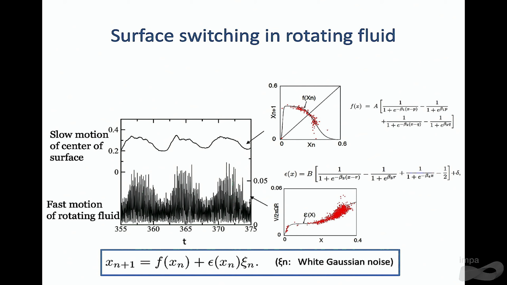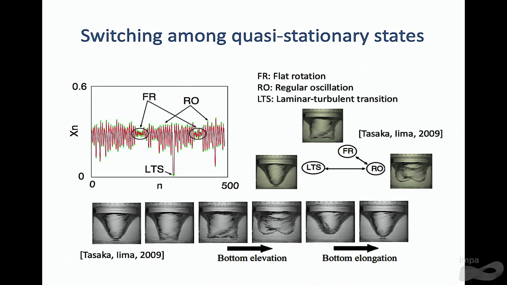So this can be modeled this way. So Xi n is white Gaussian, and epsilon, the noise amplitude or variance, is measured based on this time series, meaning that we model this random variable depending on position.